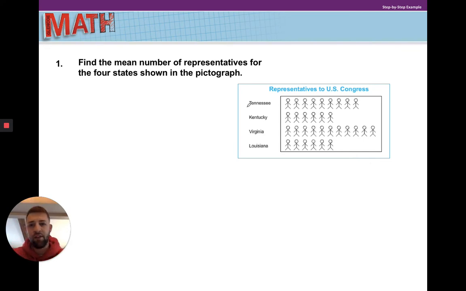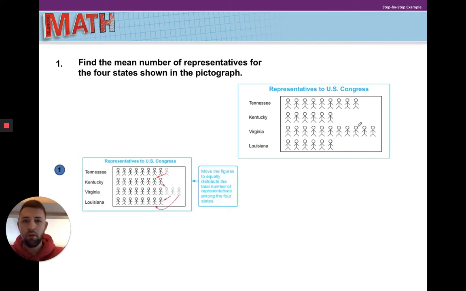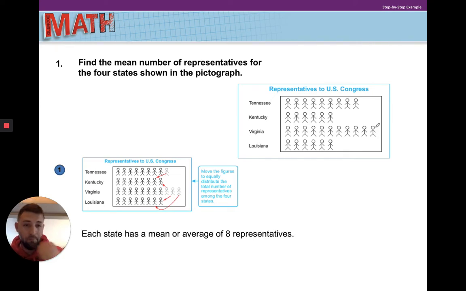It says find the mean number of representatives for the 4 states shown in the pictograph. They kind of show you a way that you could arrange these, or you can just do some mathematical ways here, and that's the kind of way I like. So what I would do is add up to see how many each state has.